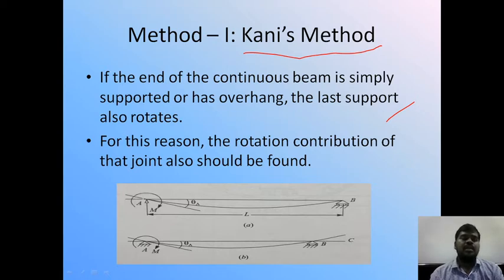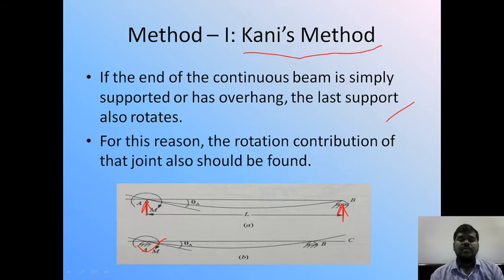Before that, let us see this beam. End A is simply supported and end B is a roller support, as shown in the figure. End A is a hinge support here.